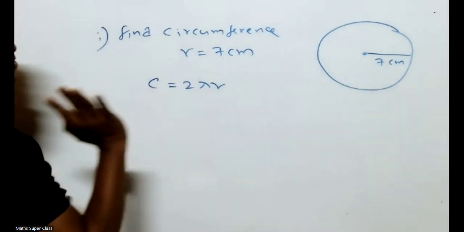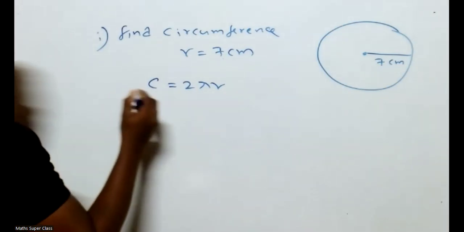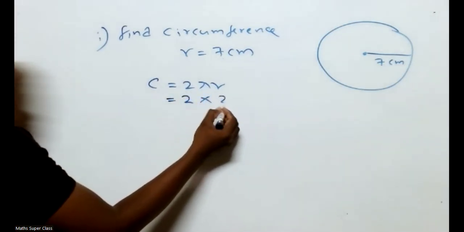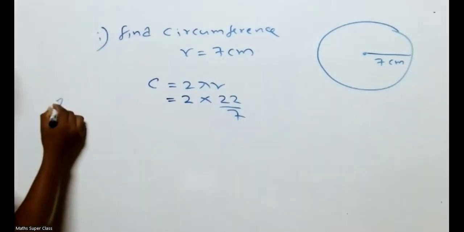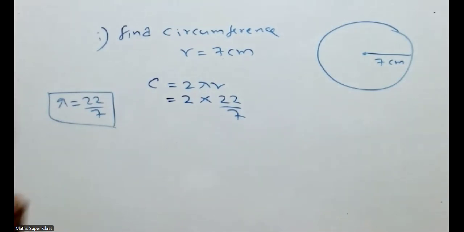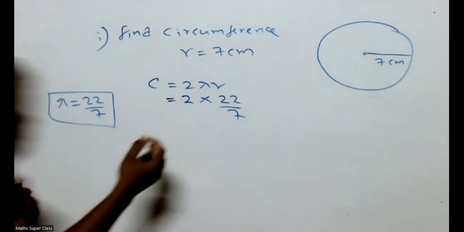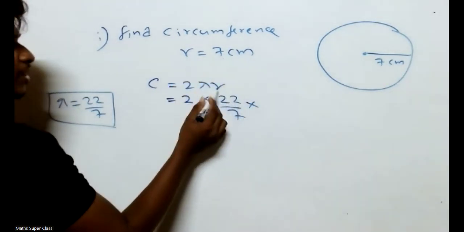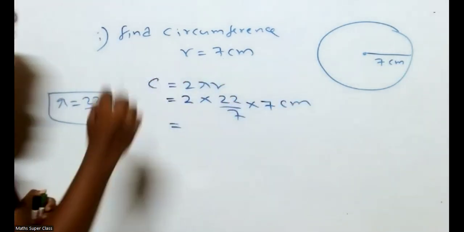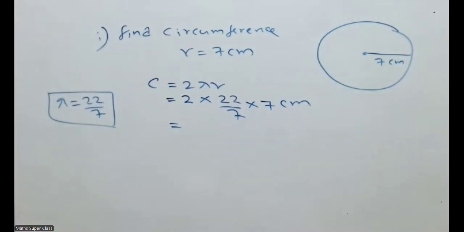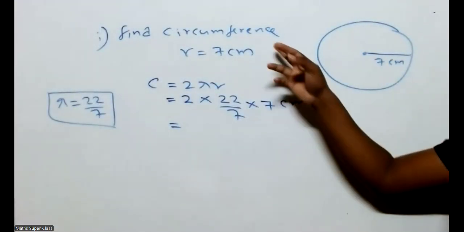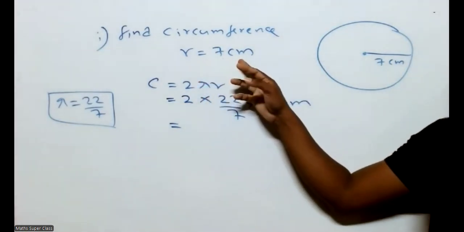So C equals 2 pi r. C equals 2 times pi, and pi equals 22 over 7, times r, which means 7 centimeters. That's the question. Find the circumference when r equals 7 centimeters.